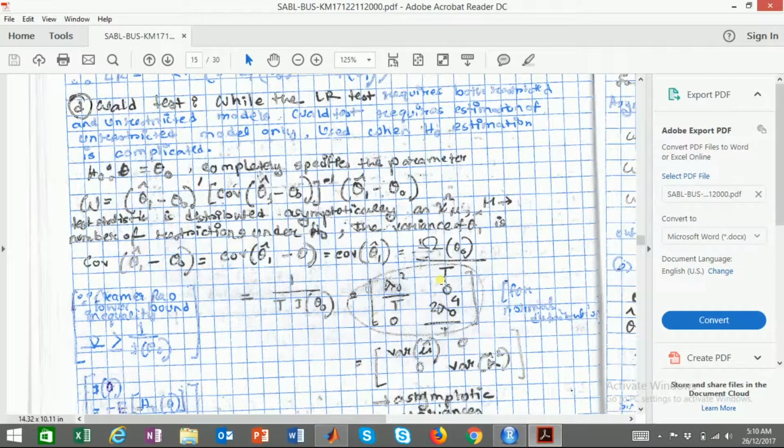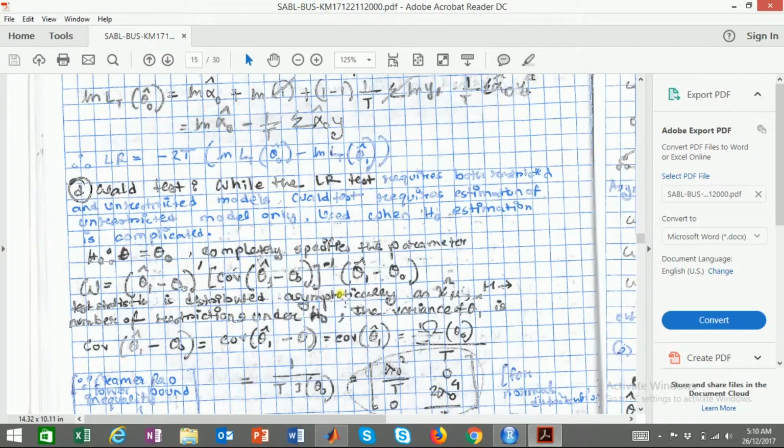Now this can also be written as 1 by t omega theta naught, or 1 by t multiplied by the information matrix, because we have already seen that somewhere.